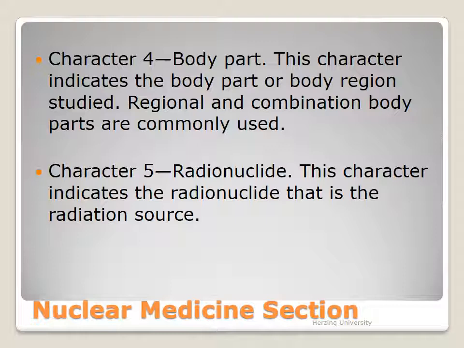These radionuclides indicate the location, size, or function of organs, tissues, or vessels. Radioactive material is used to aid in the determination made with regards to a patient's condition. These radionuclides are represented in the fifth character position in the nuclear medicine tables.